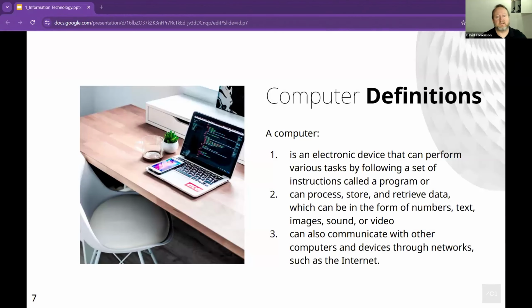So that's some definitions. A computer nowadays is defined as an electronic device that can perform various tasks following a set of instructions, or a program, if you like to call it that. So it processes things, it follows a set of programs that tell it to do things.